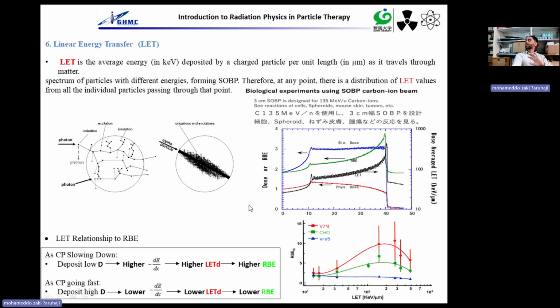So one more time, quickly and fast. LET is very important for us, because many people in particular are doing research about LET. For particle therapy, it's very important. Now, for photon therapy, LET is there, but it's very low.